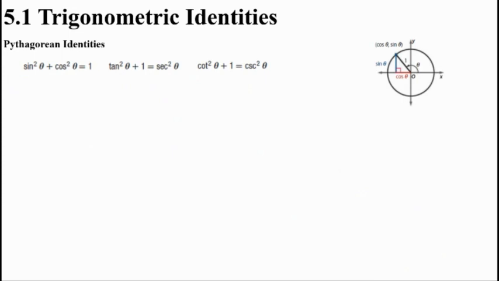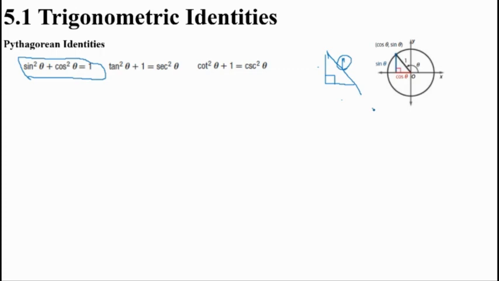Alright, using the Pythagorean identity. First of all, how did you get to this one? From here, right? Cosine and sine and 1. These two sides, and this one 90 degrees. The hypotenuse is 1, each side sine and cosine.